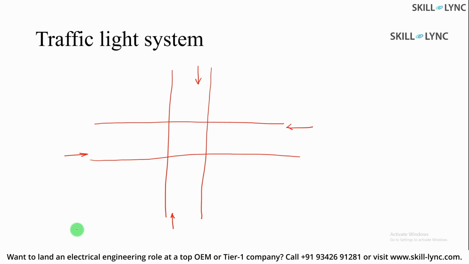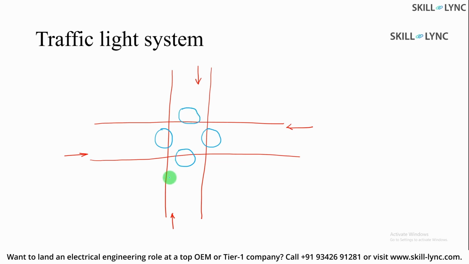Now at this junction we are going to have some signals. So here we have the signals, let's say for these travelers. Here we have another signal, and another signal over here, and another signal over here.